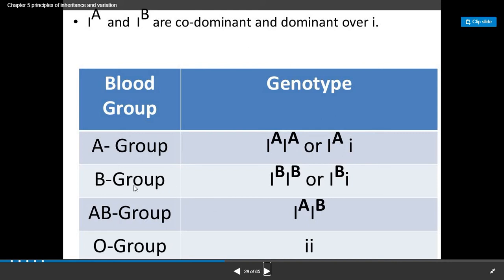Similarly for B blood group, IBIB or IBi will result in the B blood group. And for AB blood group, capital IA and capital IB will result in the AB group. And for O blood group, whenever small i is present, it will go for blood group O.